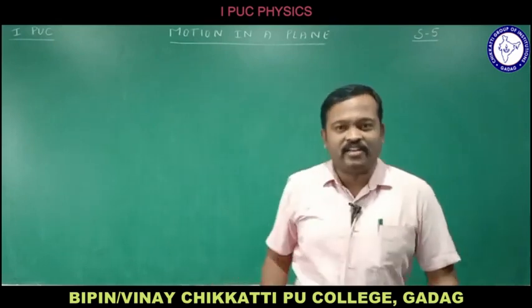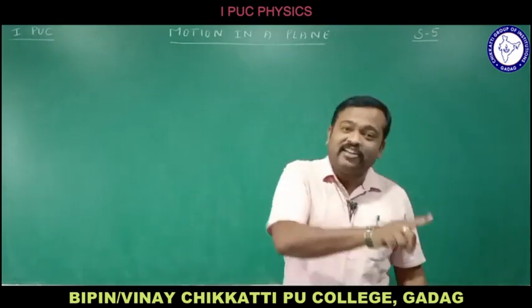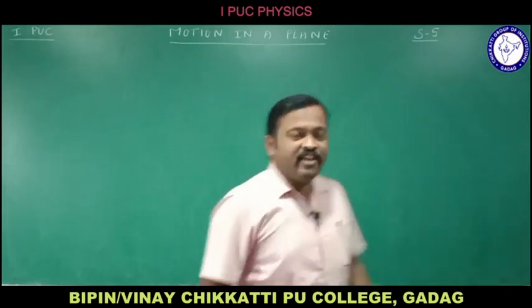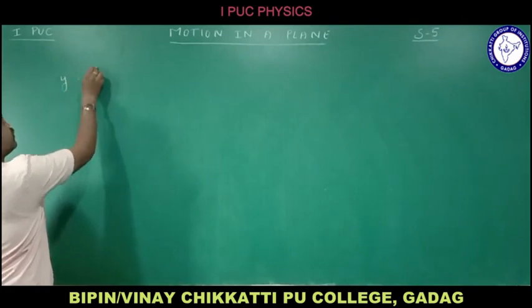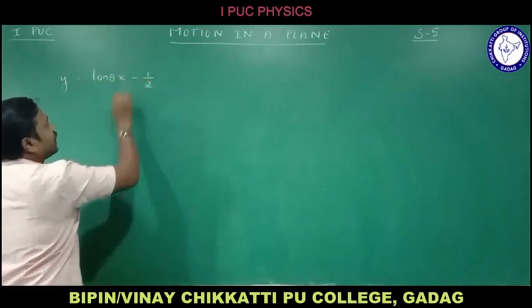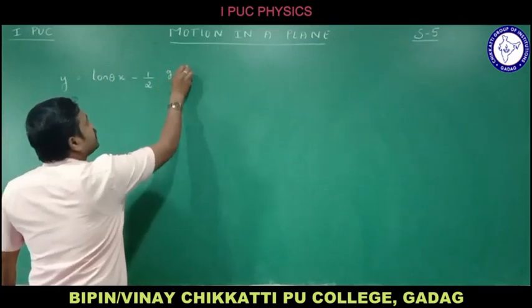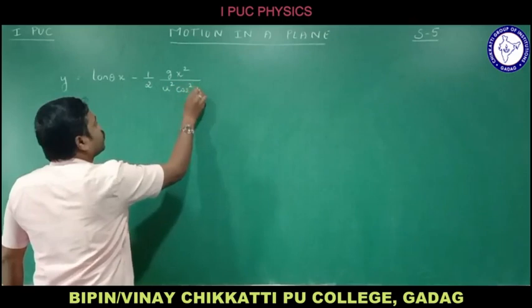In the last session, we derived the equation of trajectory of the projectile, and the equation came to be y = tan theta x - (1/2) g x square divided by u square cos square theta.